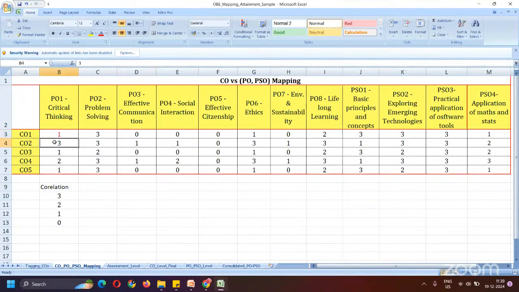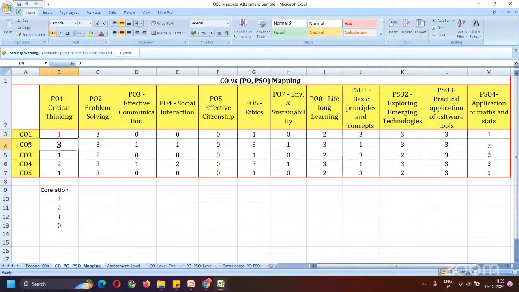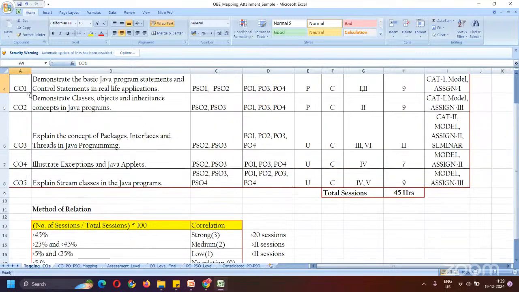If you are taking the second cell, you have to define your method of mapping based on how many hours I am going to take for CO2. Out of the hours handled for CO2, you just go to that. Here I have defined that I'll be taking 9 hours for CO2.